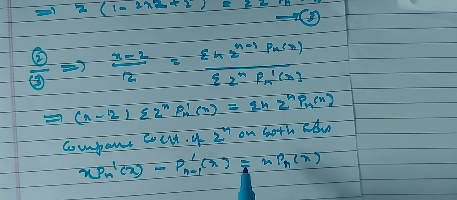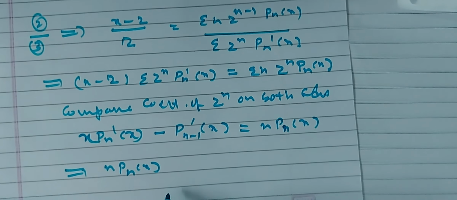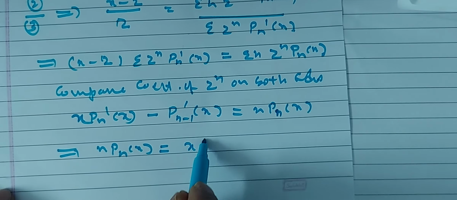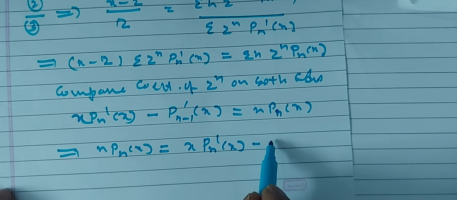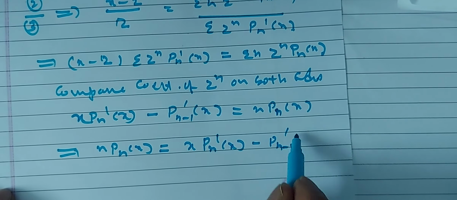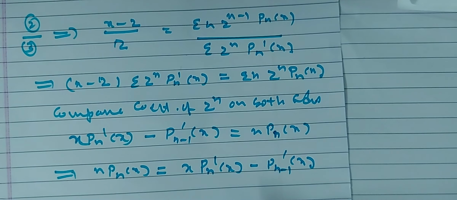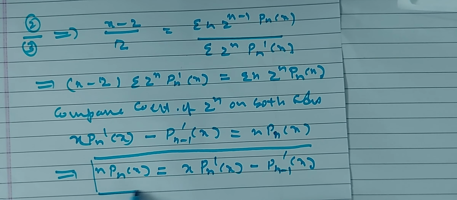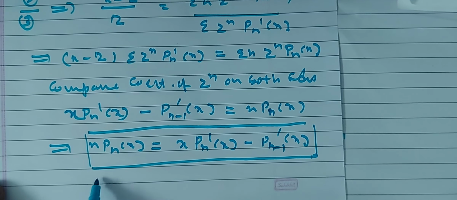That is, n Pn of x is equal to x Pn dash of x minus Pn minus 1 dash of x. So this is the second recurrence formula. So thank you very much.